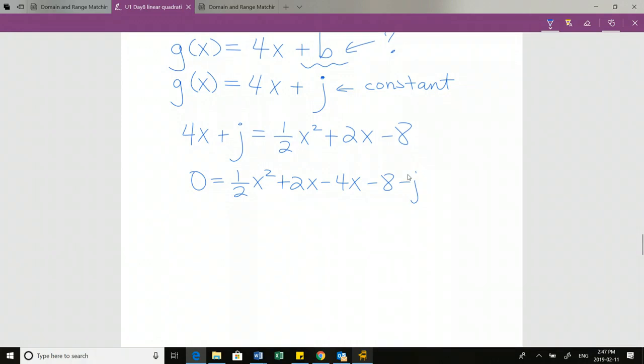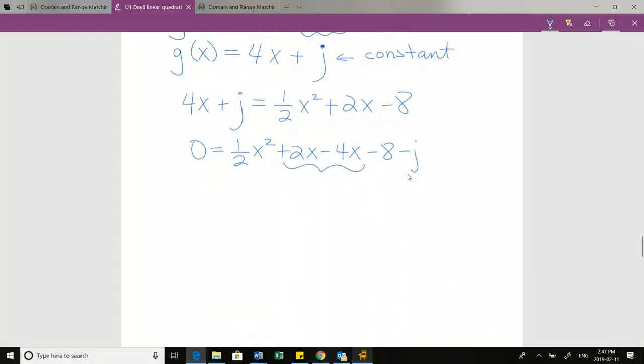Now I obviously can't combine those things because I don't know what value j is right now, but I can combine these. And I want to think about this whole value right here as my c value. Okay, this is the b value, we know that, and this is the a value.